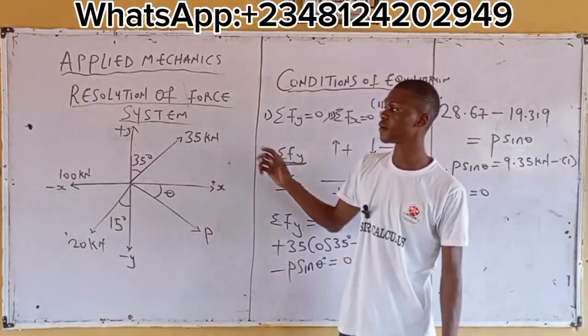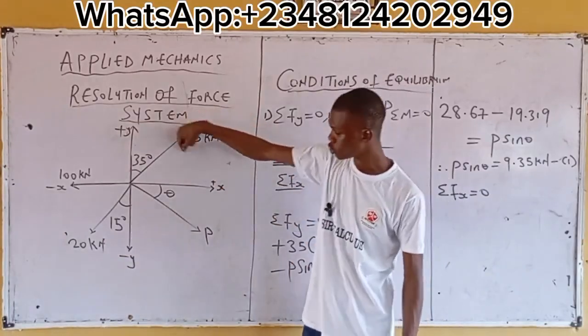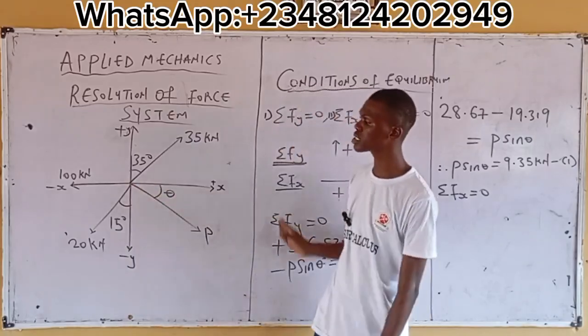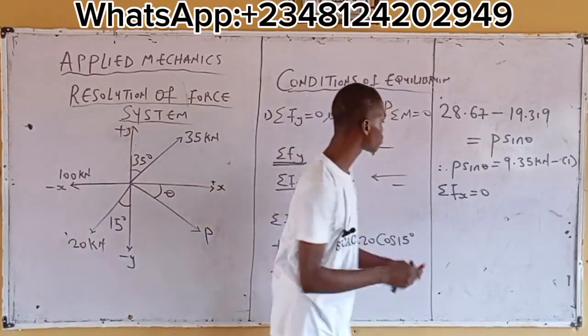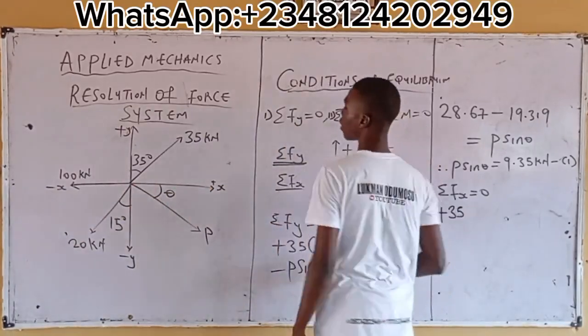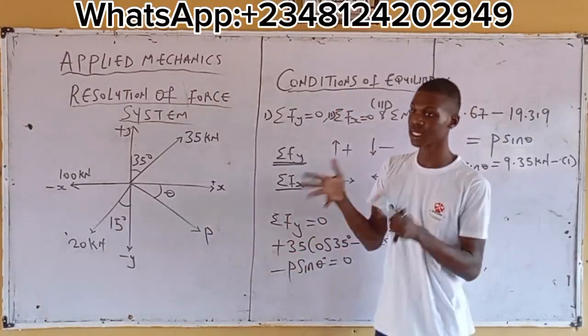Now, which one are we starting with first? 35. Starting with 35, imagine you are taking the tip of this 35 to the x-axis, right? On getting to the x-axis, is it in the positive region of x or the negative region of x? Positive. So it becomes positive 35. Will it take sine 35 or cos 35? Sine 35. Why?